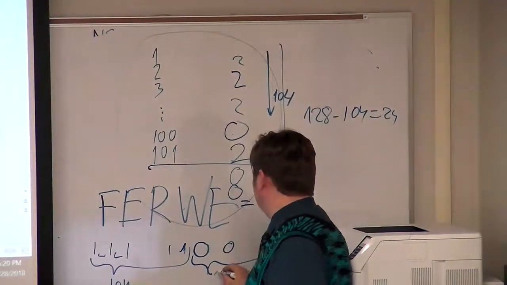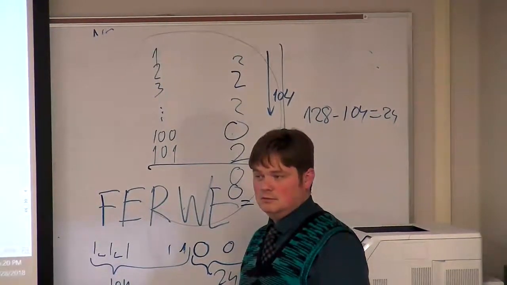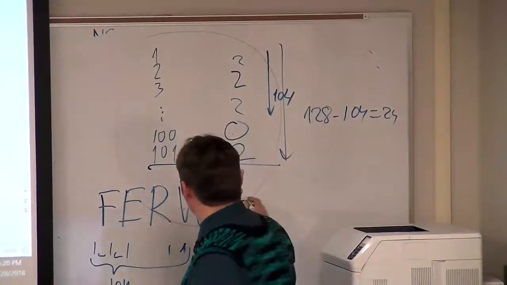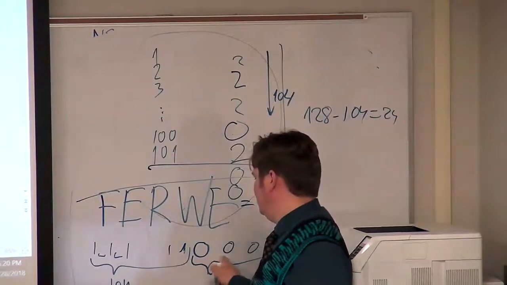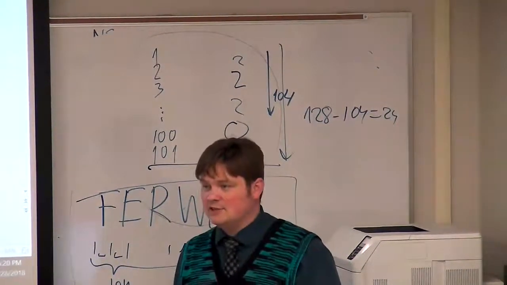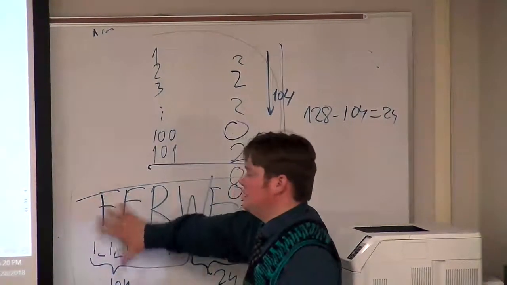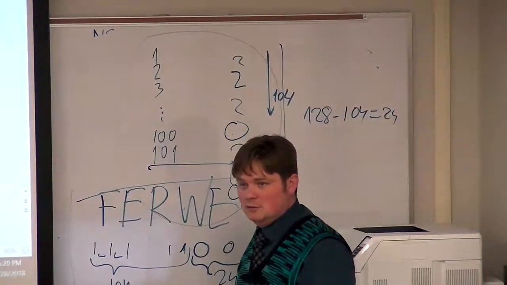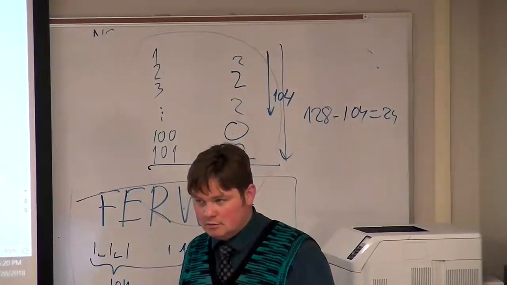So for 24 times, I type 0, 0, 0. So if I add the line FERWE equals this line in the INCAR file and run VASP, I will get the same result as if I would not have this command. It will reproduce the ground state configuration.